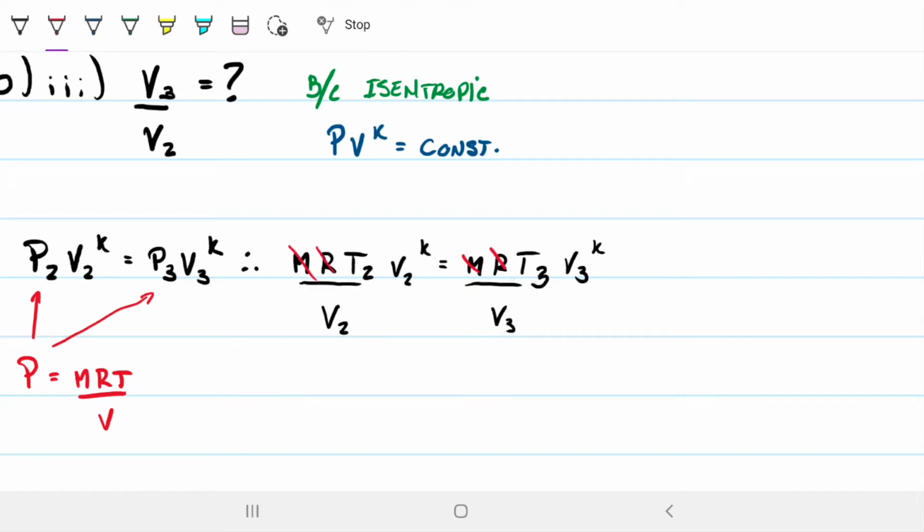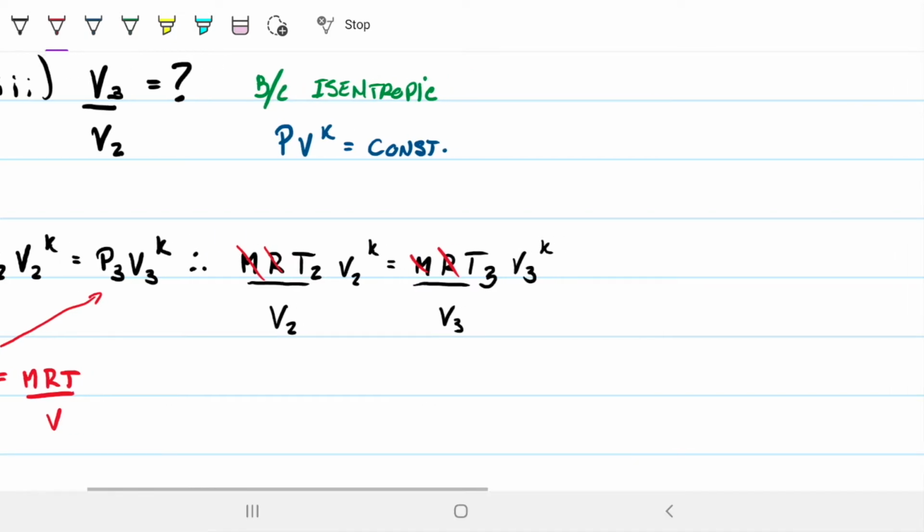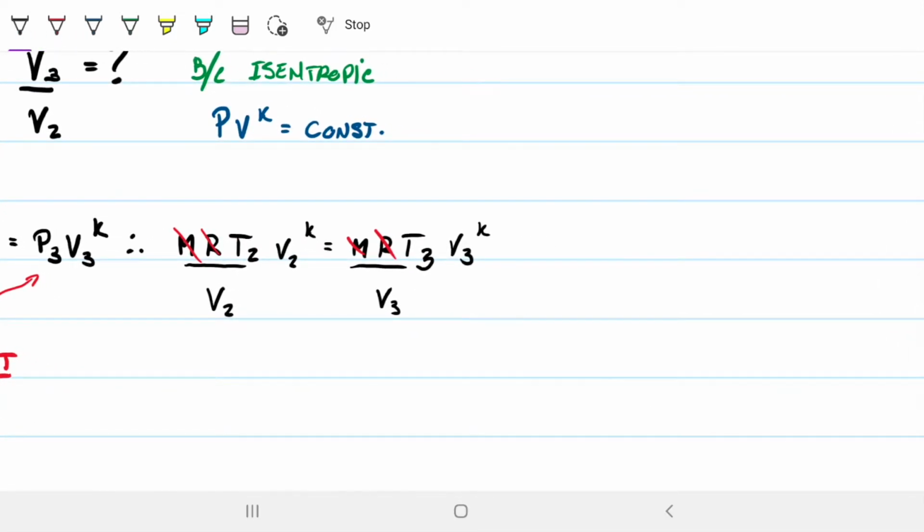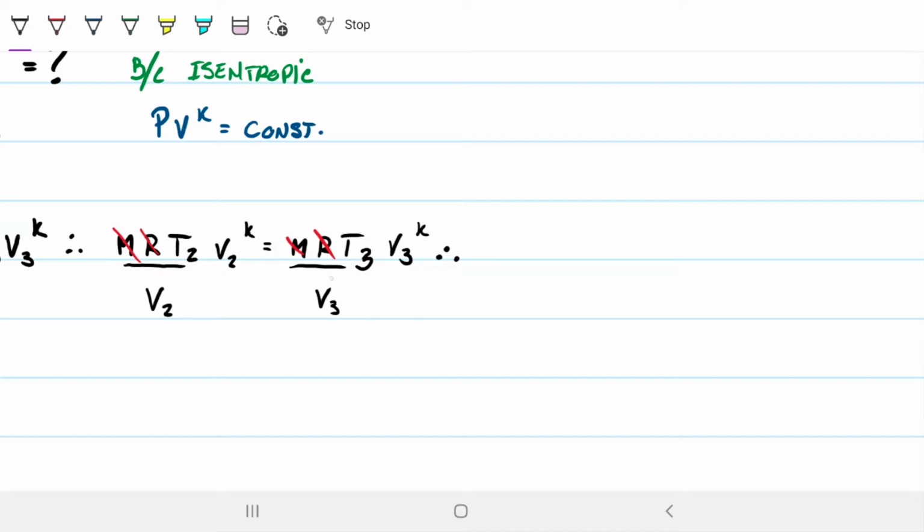Note that mass is the same regardless. We're not losing any air in the cycle. R is the same. So now we can build a relationship between the volumes and the temperatures. We have V to the 1 here and a 1 over here, so that's going to be K minus 1. We can eliminate this and have K minus 1.